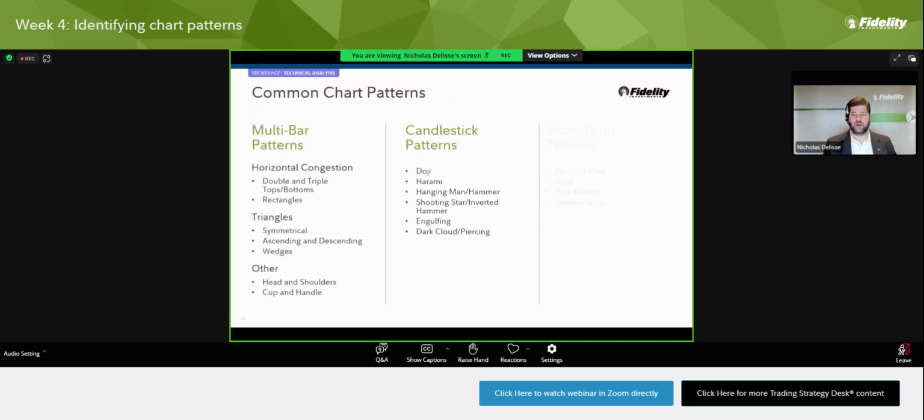We'll jump into them now. In these particular sessions, we do spend a little more time on these multi-bar patterns and some of these short-term patterns. We don't normally dive deeply into candlestick patterns, but this is a little bit of that difference between Eastern and Western technical analysis that we talked about in the beginning weeks. This really is, to me, the crux of it. Eastern technical analysis doesn't really look at these kinds of patterns right over here.